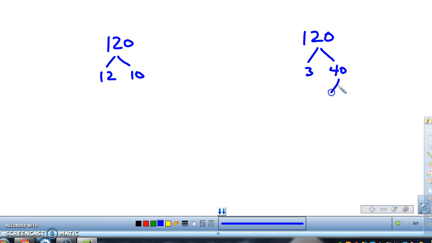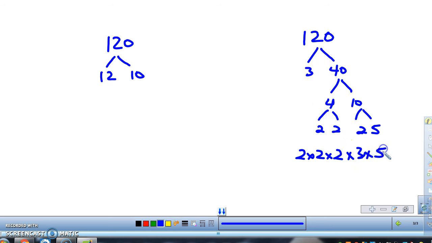The 3 is already prime, so this would be, say, 4 times 10. 4 would be 2 times 2. 10 would be 2 times 5. So these are all prime numbers. So the prime factorization, we have 3 2's. We have a 3, and we have a 5.